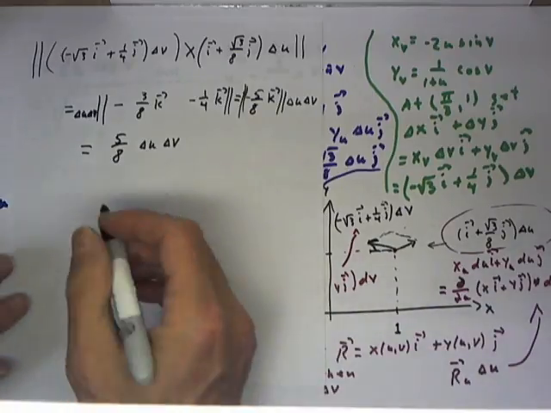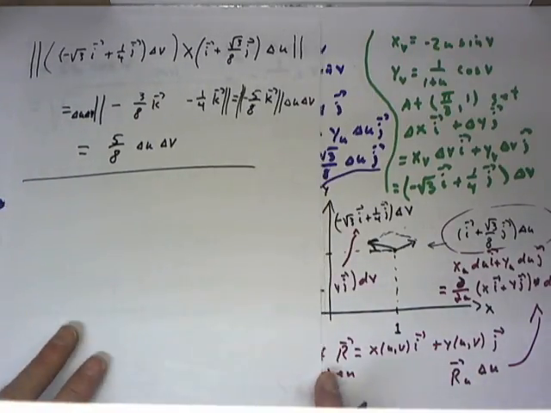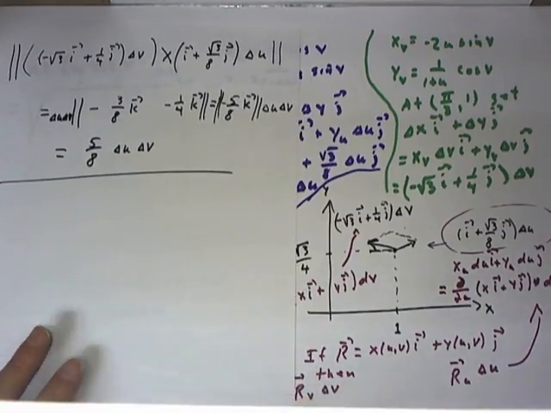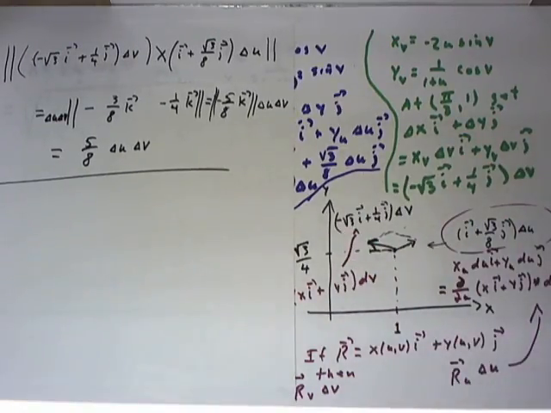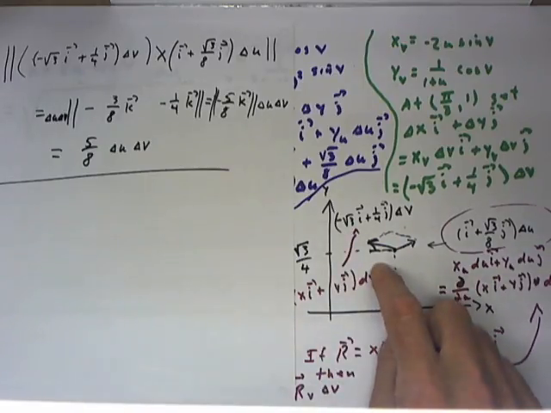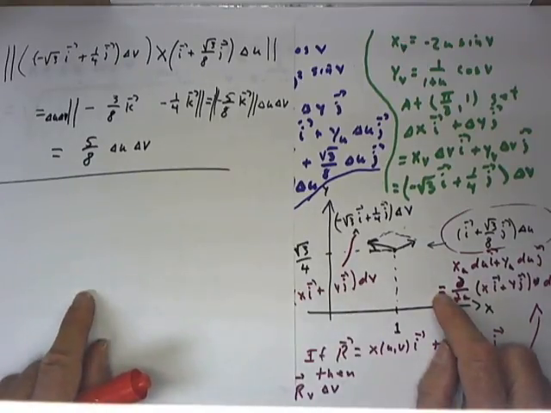Now, I'm not going to go through and formally set up a sum and a limit to an integral. Simply going to say that if we want the area of a region in the xy plane, then we would integrate this over the corresponding limits of u and v.